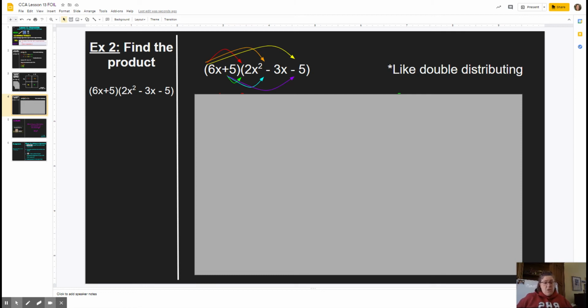Actually, when you're finished, click the little raise hand button so I know you're done with that. Again, you're doing this particular problem on your own, either the area models or the arrows.